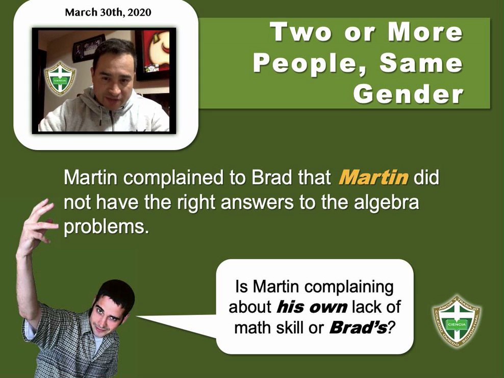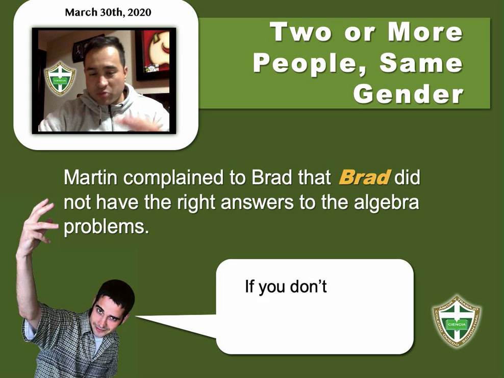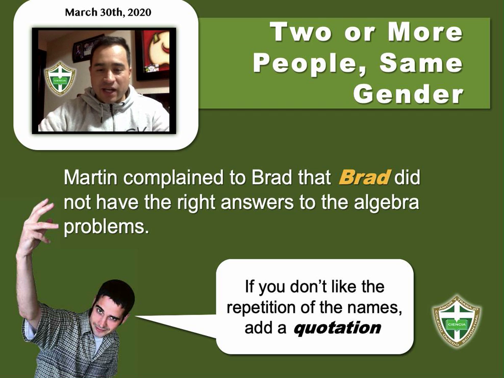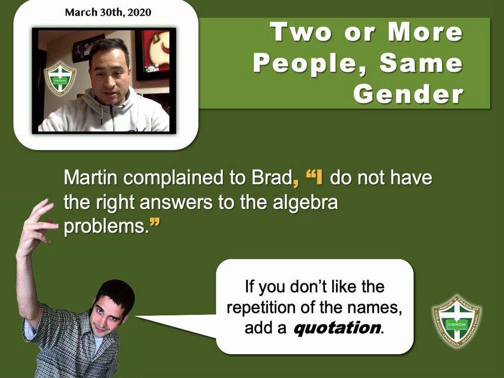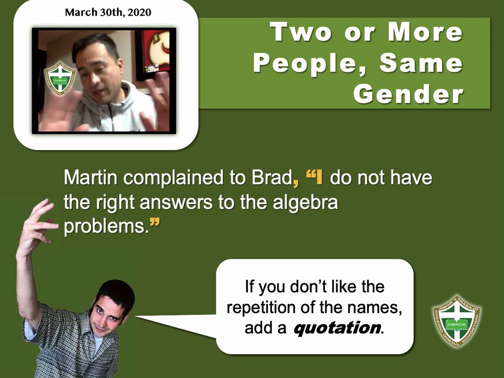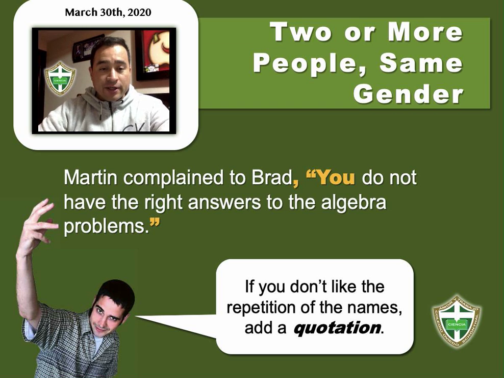That's the main objective. If you don't like the repetition of the names, you can use a quotation: Martin complained to Brad, "I don't have the right answers to the algebra problems." It's just a recommendation, okay? Or: Martin complained to Brad, "You do not have the right answers to the algebra problems," just to be a little bit more specific.